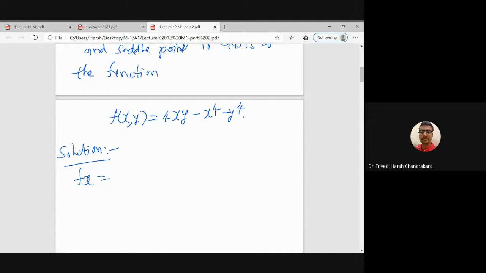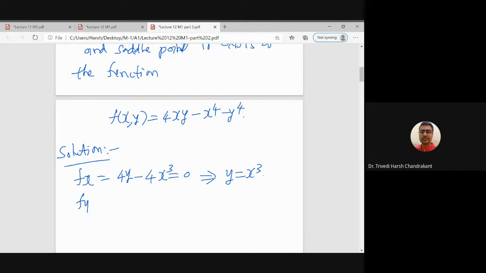Now to find the critical points, we first find fx and fy. For fx we consider y as a constant, so our derivative will be 4y minus 4x cube equals 0. So the first condition, fx is 0, gives us x cube equals y.